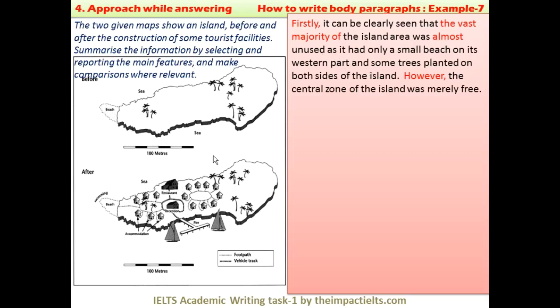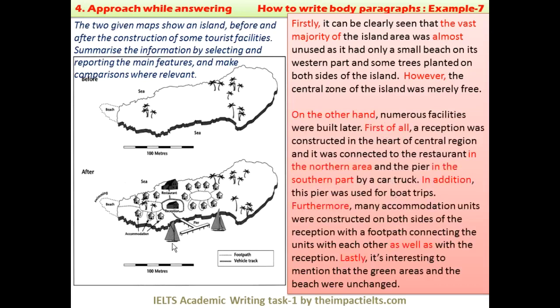This is assumed south, north, west, east, and some trees planted on both sides of the island. However, the central zone of the island was merely free. That means entirely free. Now, the second paragraph will deal with this, and that will be bigger for sure.